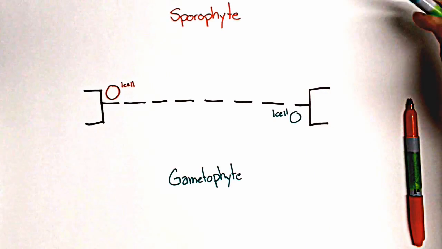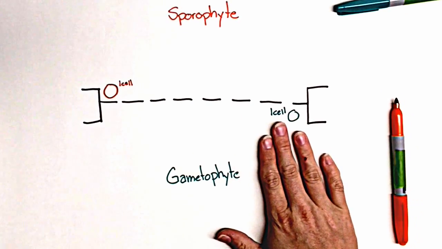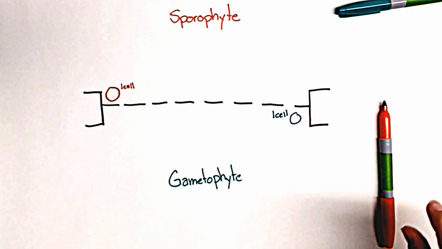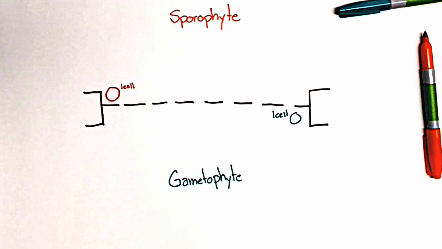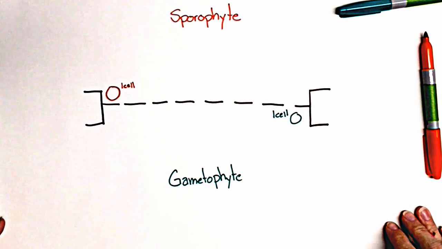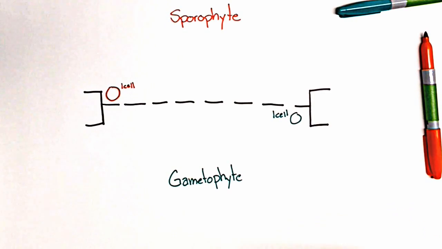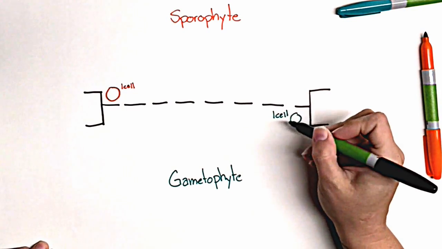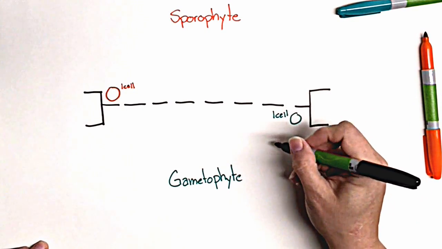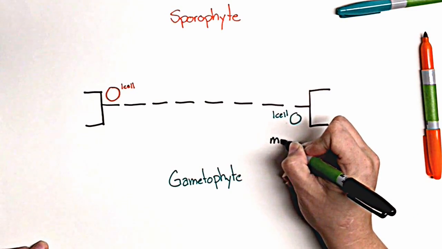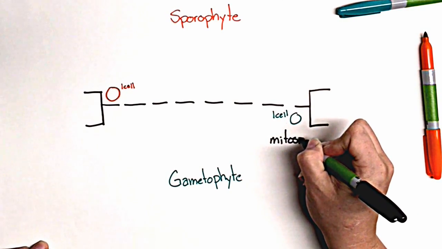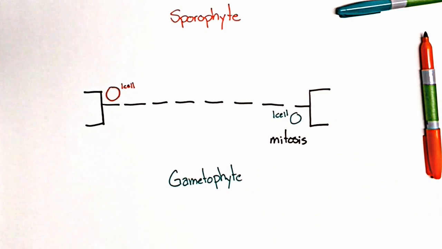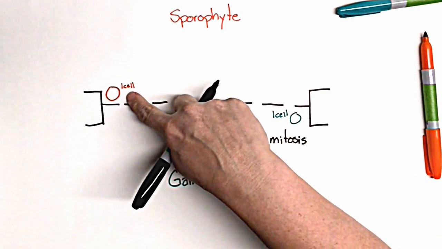Then, if we want to make copies of ourselves, if our cells want to make copies of themselves, although I'm not actually prescribing any kind of agency to cells individually, that's a whole other video. If we want to copy this, or we want to become an organism of more cells, we have to undergo mitosis, right?